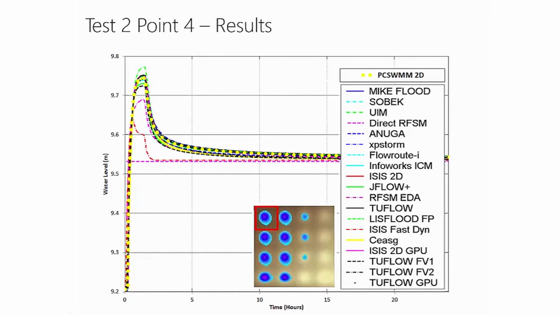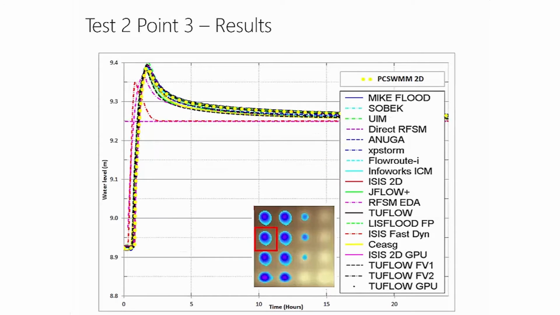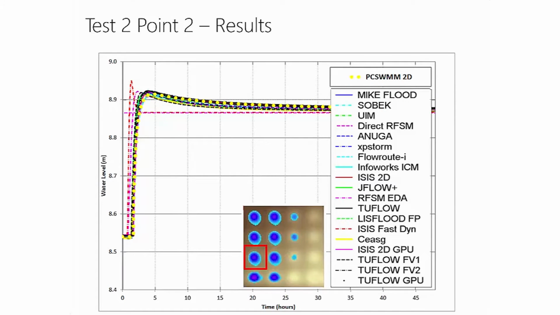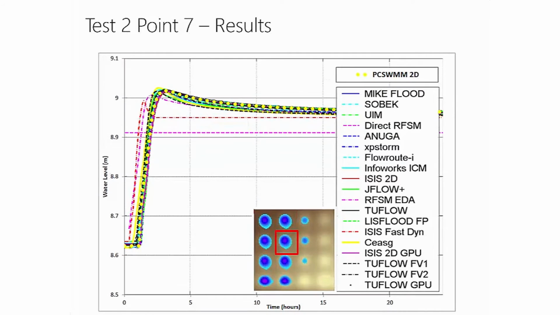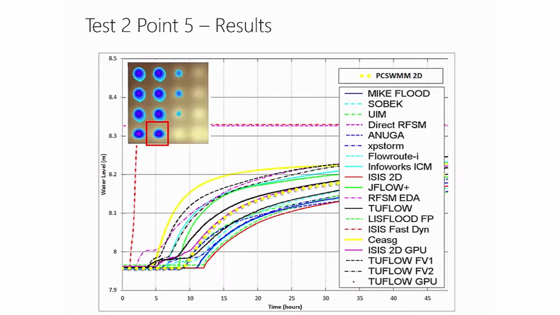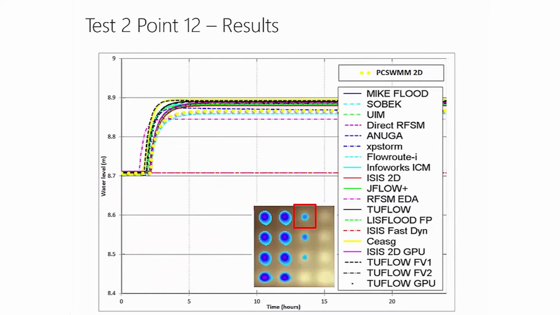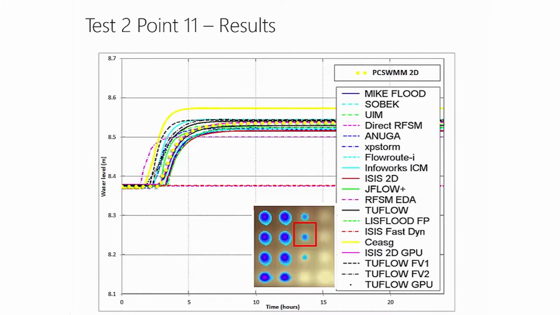So these are the results from test 2, starting at point 4. You can see in the little schematic I have beside the legend what location we're looking at in the DEM. Point 3, point 2, point 1, point 8, 7, 6, 5, 12, and in all these cases we're doing very well.